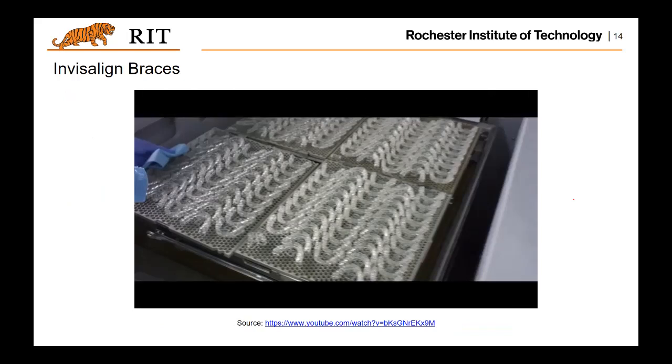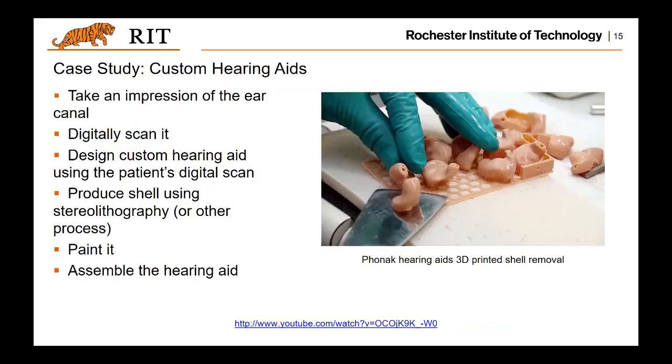So there's also another application, that is custom hearing aids, right? For the hearing aid bud, it's preferable to have customized ones.